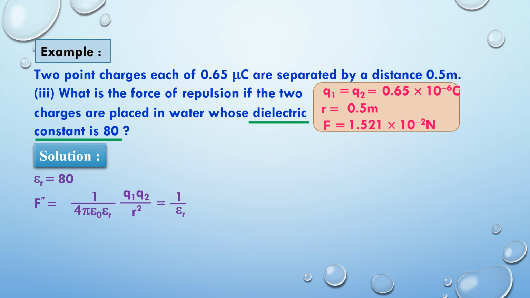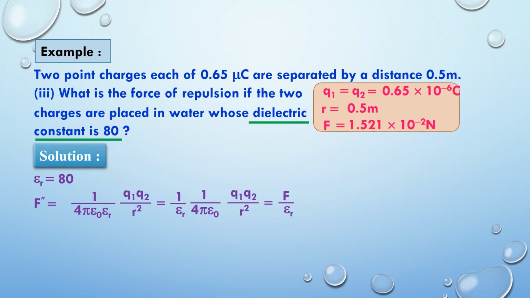I can further write this expression as 1 upon epsilon R into 1 upon 4 pi epsilon naught Q1 Q2 by R squared, where we have found the value for 1 upon 4 pi epsilon naught Q1 Q2 by R squared, which represents the initial force 1.521 × 10 to the power of minus 2 Newton.